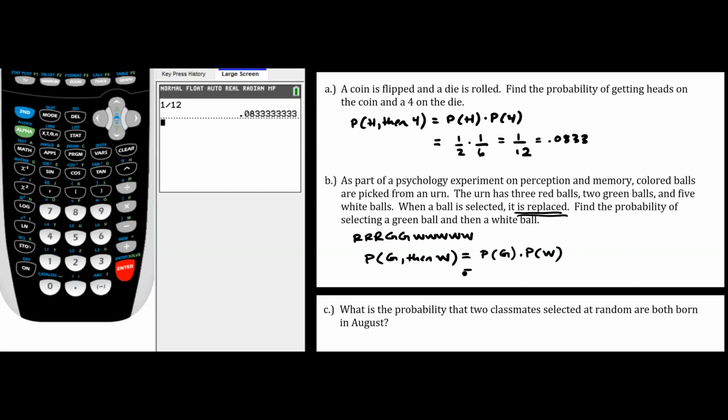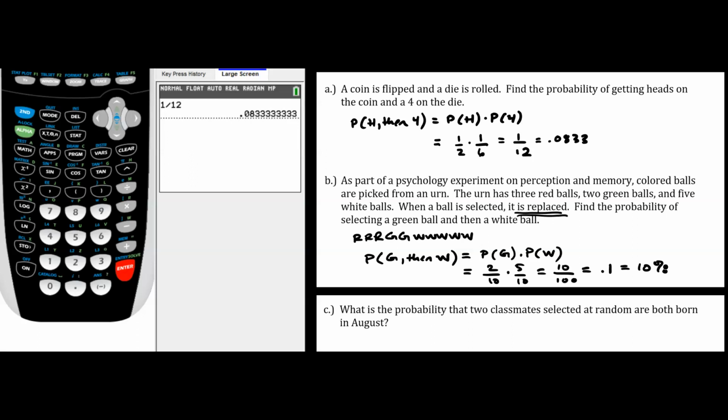And this is equal to, the probability of a green ball is 2 out of 10 multiplied by the probability of a white ball, which is 5 out of 10. If you multiply your numerators, you get 10. You multiply your denominators, you get 100. 10 divided by 100 is 0.1 or 1/10 or 10%. So you have a 10% chance of selecting a green ball and then a white ball.